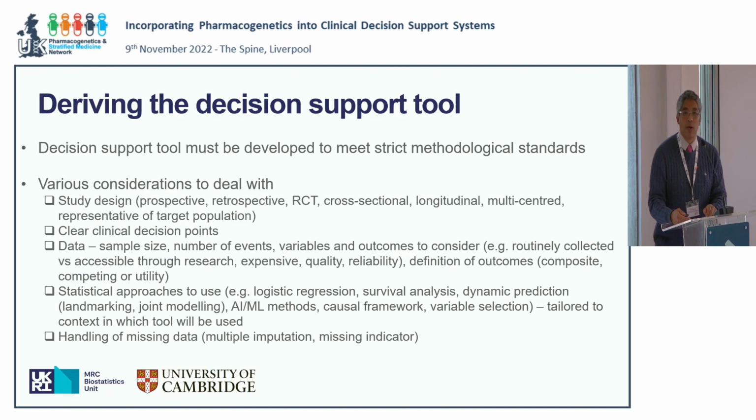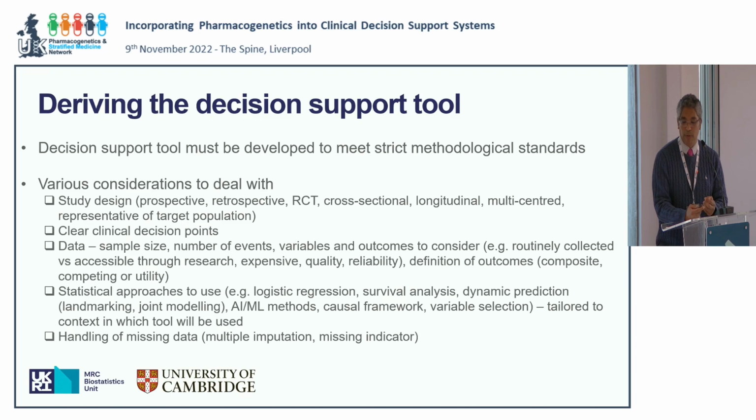We need to think about whether these things have clear decision points. We need to think about the data, whether the data set is large enough for the purposes that we want, whether there's enough events that will allow us to build robust predictive models or clinical decision support tools.